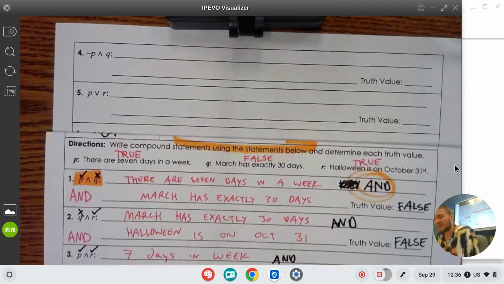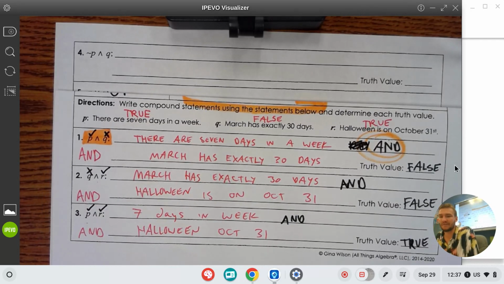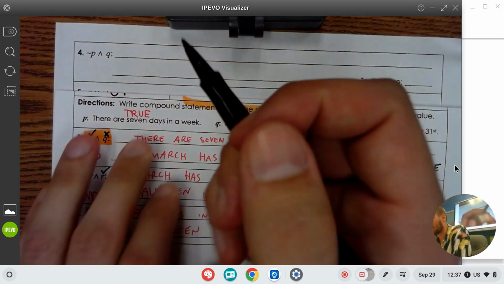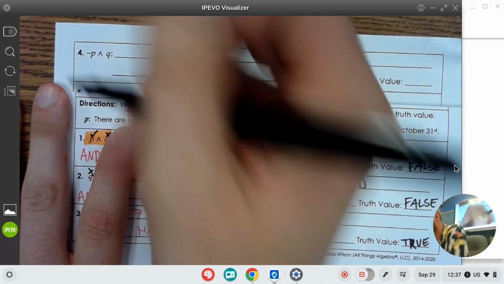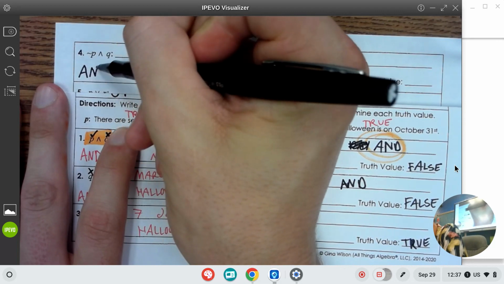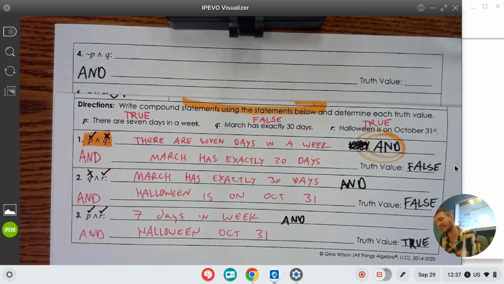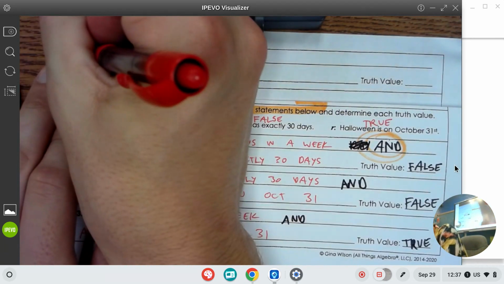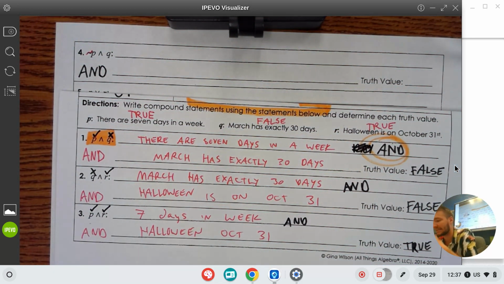Number 4 does bring a lot of different stuff, okay? For number 4, are we working with and or ors? This is still an and statement because we have that little A in the middle. It doesn't have the little cross on it, but that's okay. But we have a new symbol here, which is the squiggly line. And what does the squiggly line mean? It means opposite.